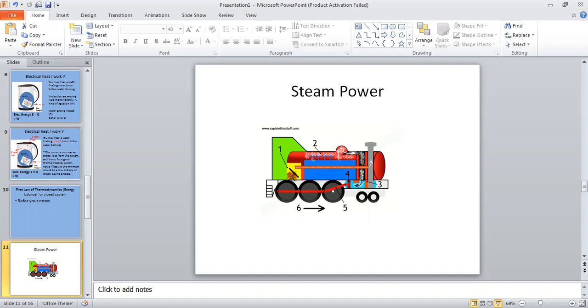A steam turbine, same phenomena the steam is experiencing here.